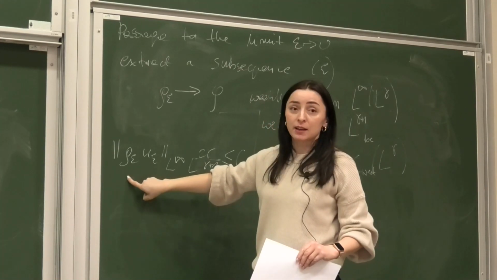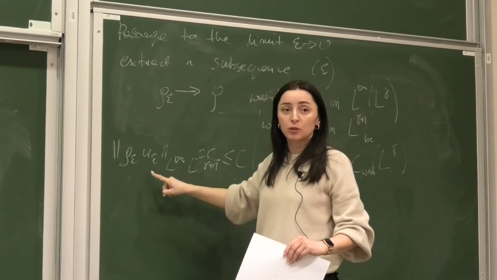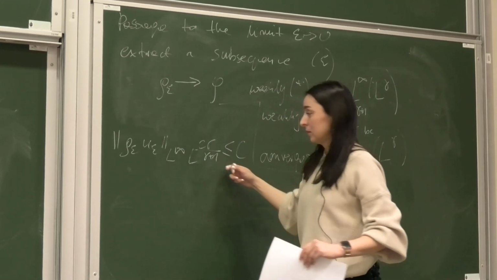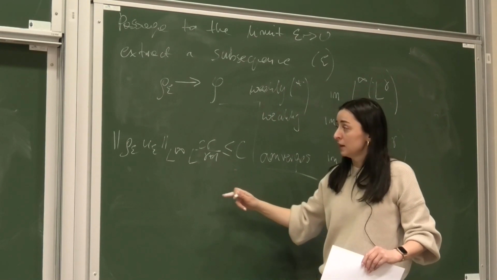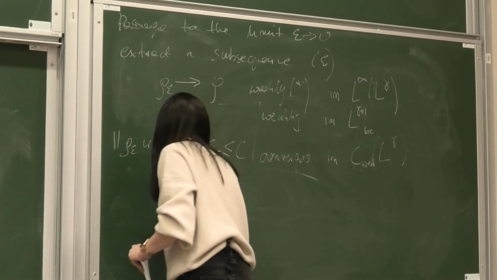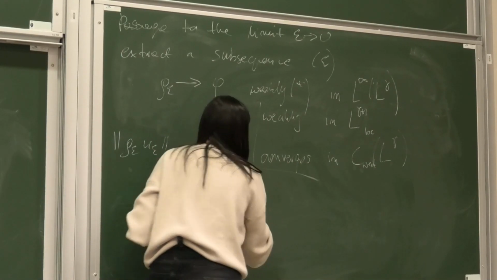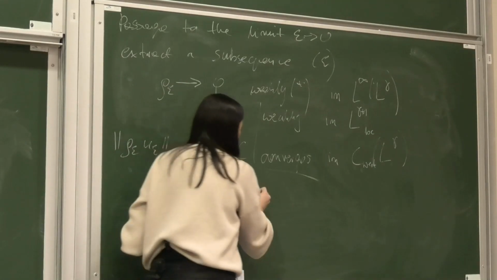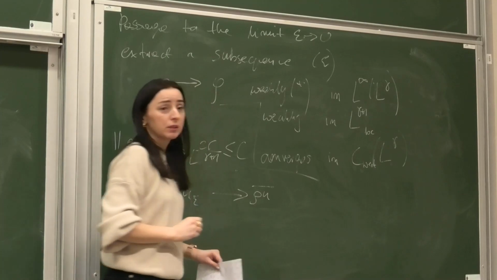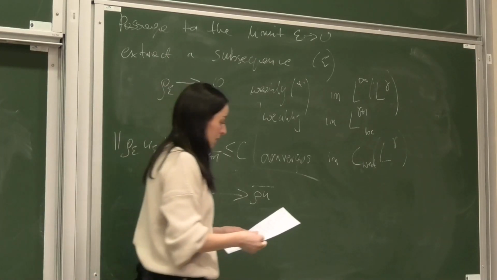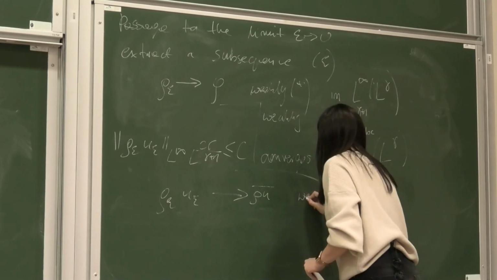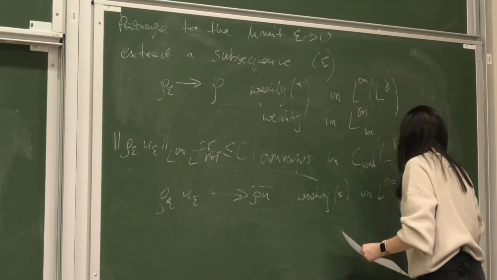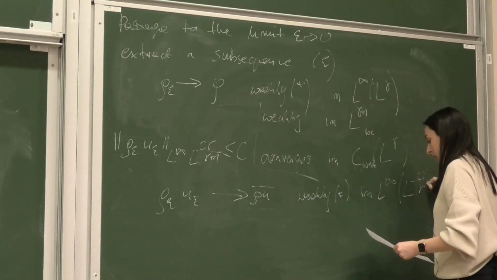So again, you can extract some subsequence such that the rho epsilon u epsilon sequence converges to some weak limit, of course weak star, but it will converge to some object that sits in this space, but I don't necessarily know that this is rho u. I will denote it rho u bar, okay? So it converges to rho u bar, weakly star in L infinity L 2 gamma over gamma plus 1.